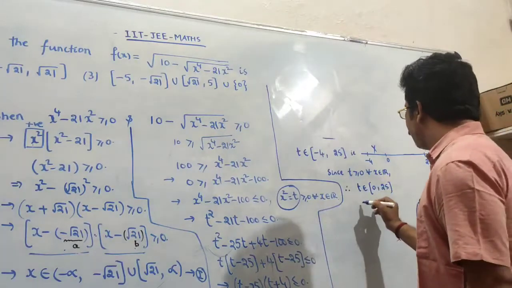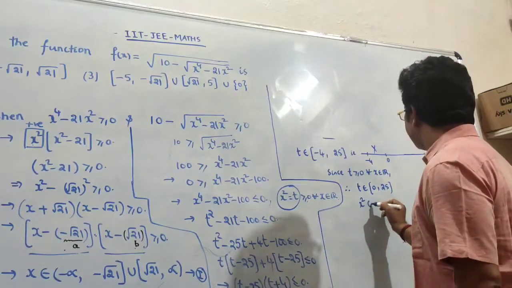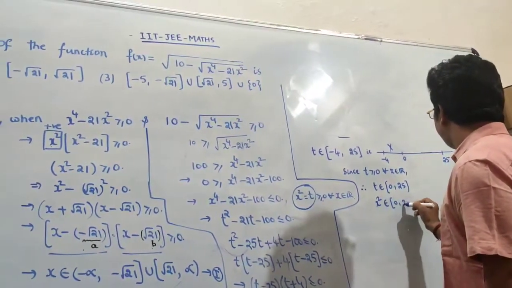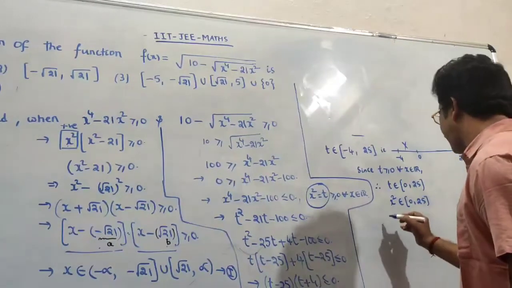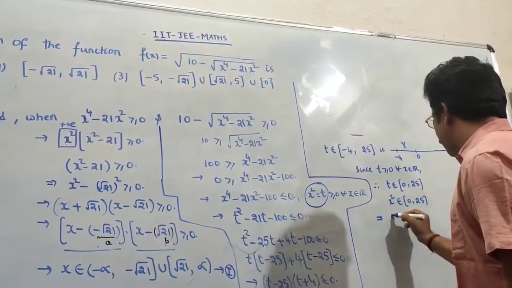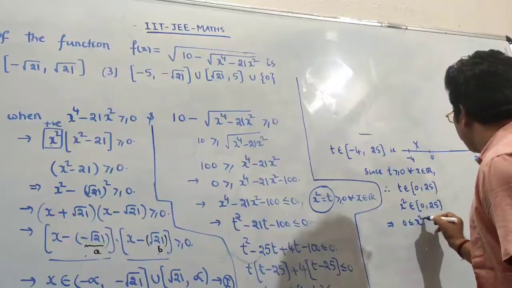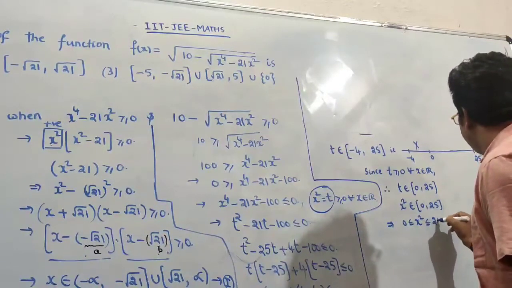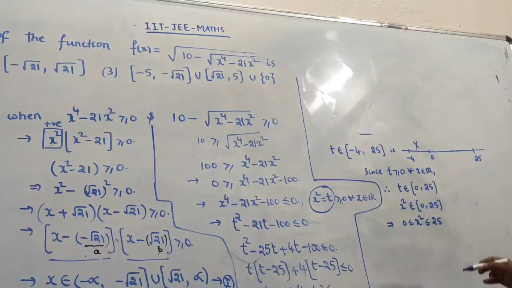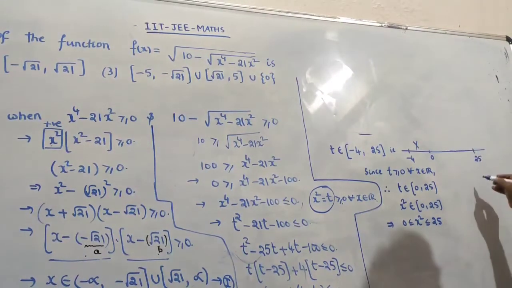T means what? X square. That belongs to the closed interval of 0, 25. Means 0 less than or equal to x square less than or equal to 25. You come here.